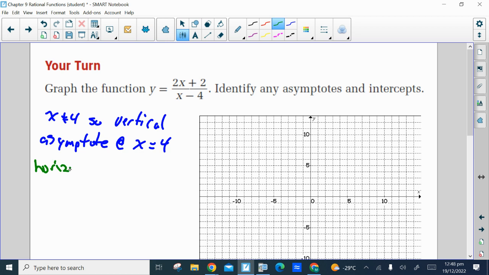So our horizontal asymptote is at y equals 2 over 1, or y equals 2. Whenever you have a rational function, the horizontal asymptote can be found by dividing the coefficients of the x terms, as long as the degrees are the same.